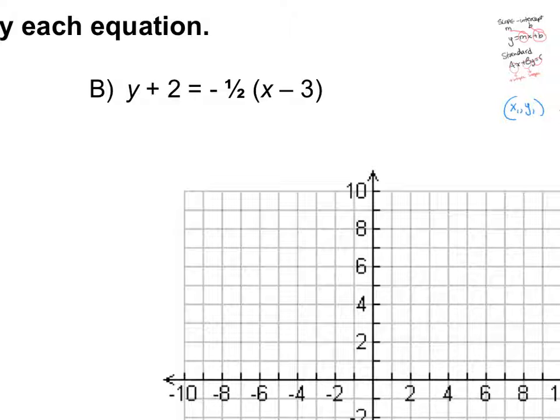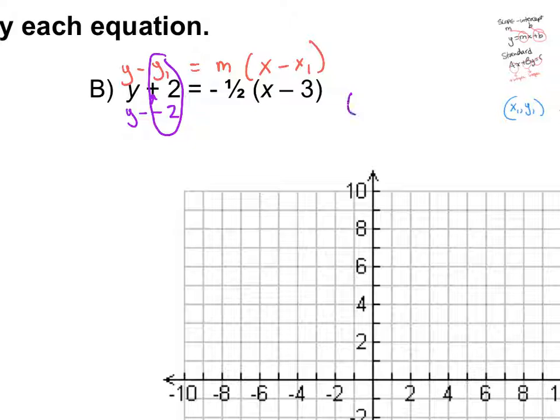Next one. Again, this is point slope. Y minus y1 equals m times x minus x1. Be very careful with pluses because really this positive is telling you it was y minus negative 2. So therefore y1 is negative 2. So if I have my point, y1 is negative 2, x1 is 3, and the slope is negative 1/2.